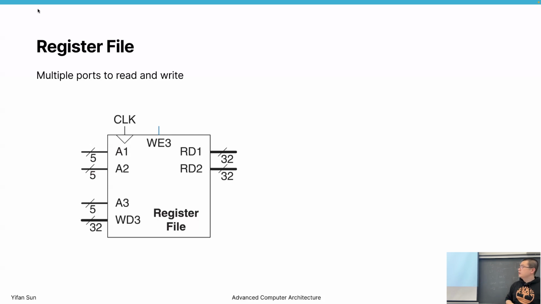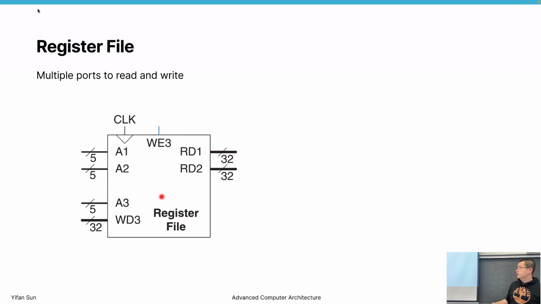So for example, this register file has multiple ports for read and write. How many ports for read? There are 2 read ports, right? So A1 is connecting to RD1, and address 2, A2, is connecting to RD2, right?